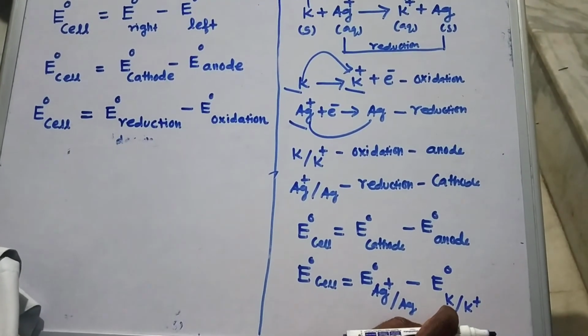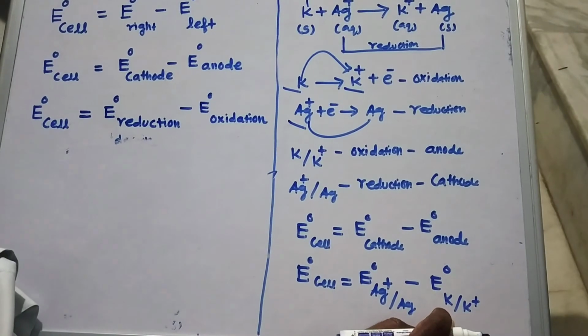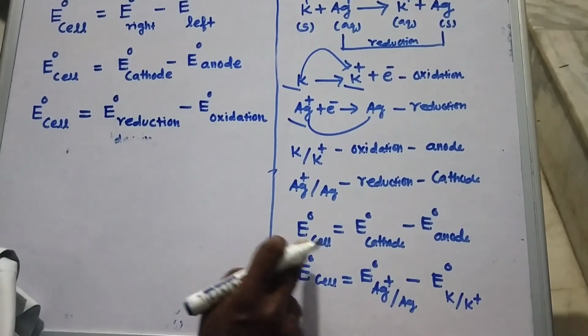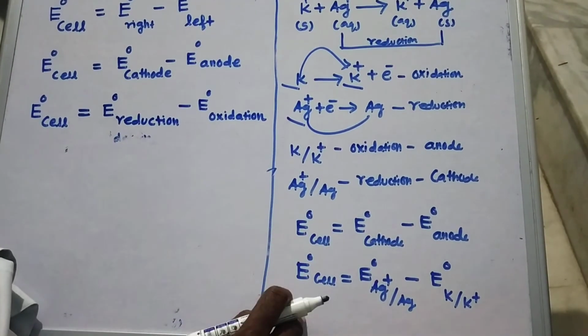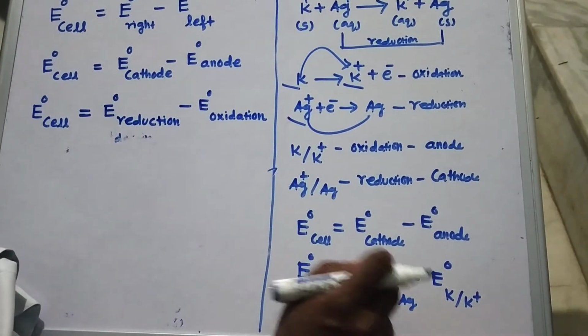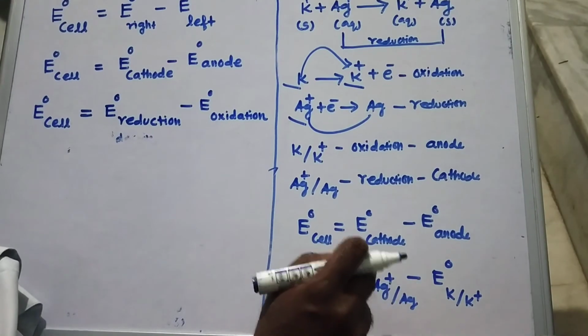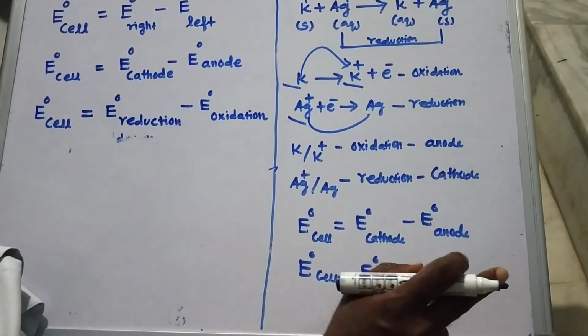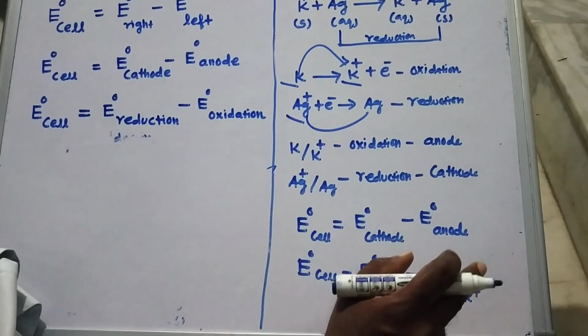It means the half cell potential of the anode in which oxidation takes place. Therefore, the overall cell potential is a difference in cell potential of the cathode and that of the anode. So, it is a difference in electrode potential.